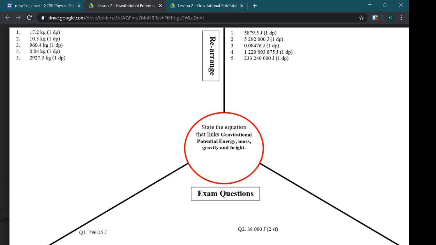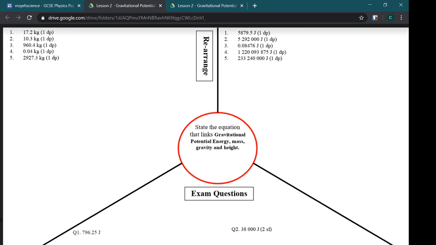Number 3... 5403 divided by... Oh, hang on. Yeah, sorry. No, hang on. I messed up on number 3. Ignore my number 3. Let me just redo that.